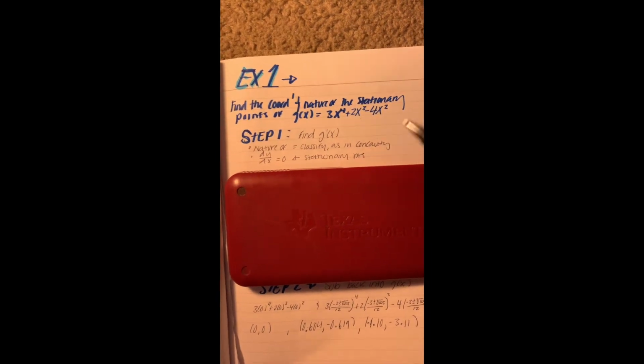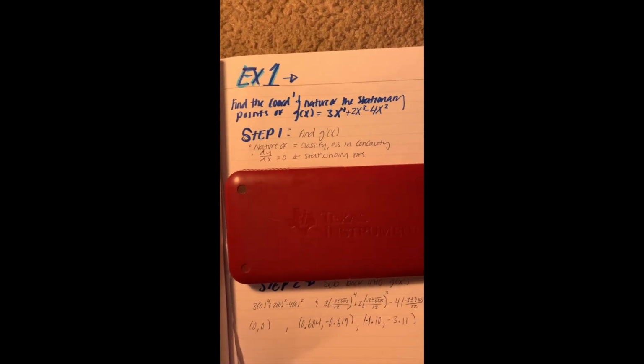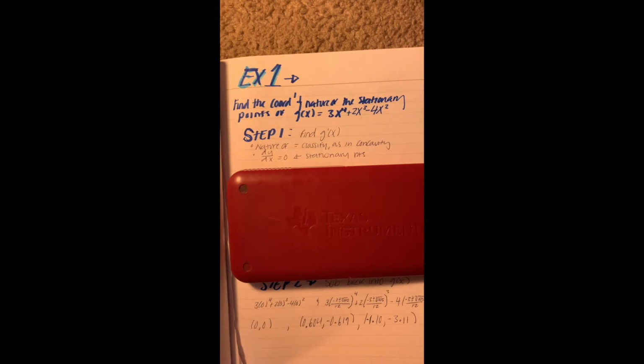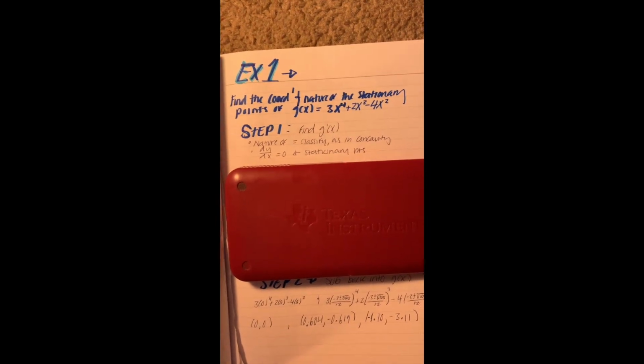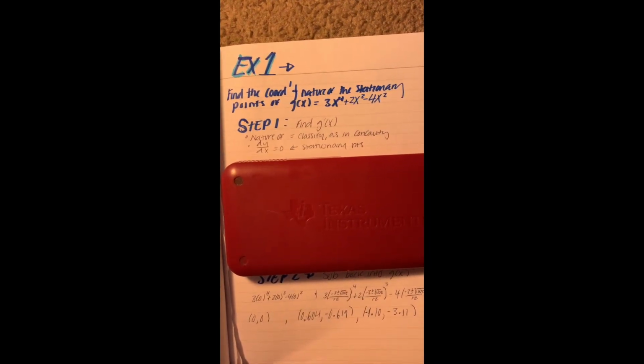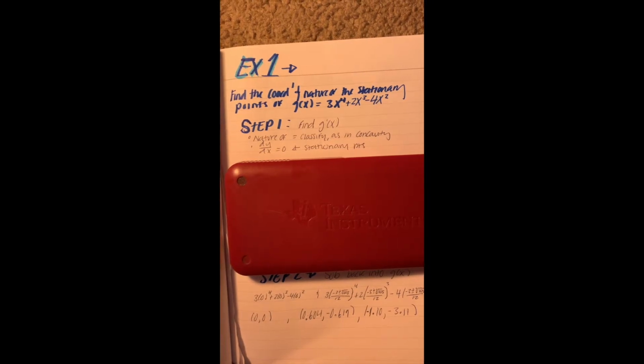Okay, so now that we know a thing or two about how concavity, second derivatives, and all of that works, we can actually apply it to an example. This example asks, find the coordinates and nature of the stationary points of g of x equals 3x to the fourth power plus 2x cubed minus 4x squared.